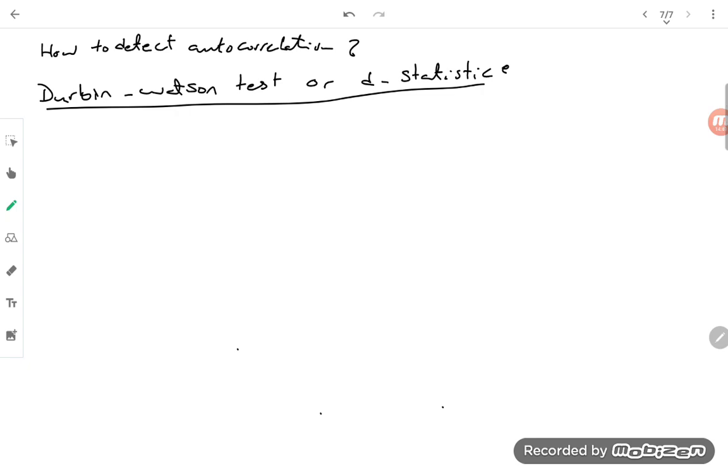Durbin-Watson is calculated as the summation of error at time t minus error at time t minus 1, all squared, divided by the summation of e at time t squared.